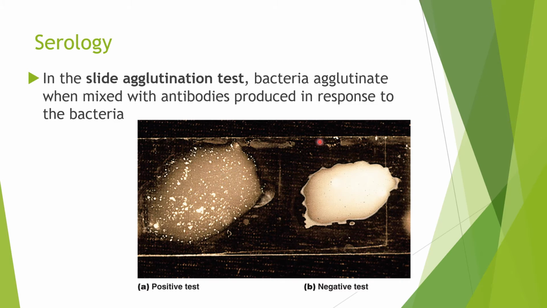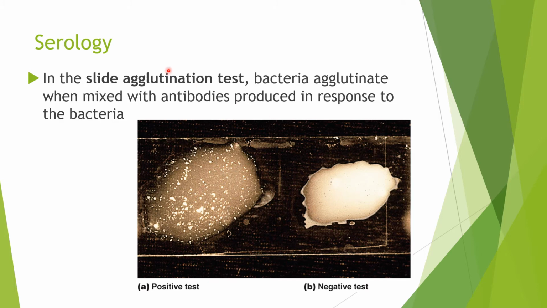Here's the slide, okay? And on the slide, they've smeared a bacteria. Now, you could start off knowing what bacteria you're smearing. So I am smearing a specific bacteria that I know.